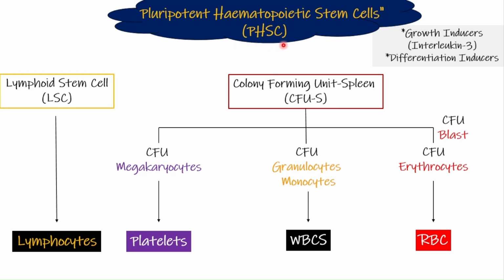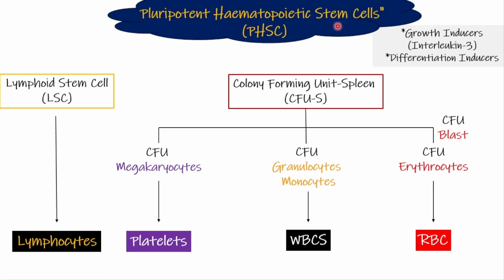Now, pluripotent hematopoietic stem cells are the cells which are converted into the colony-forming unit spleen, and then the colony-forming unit spleen will be converted into the respective colony-forming units of the platelets, WBCs, and RBCs.